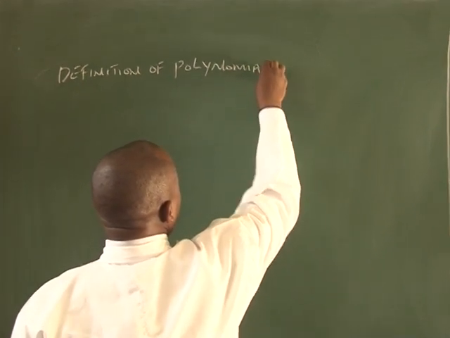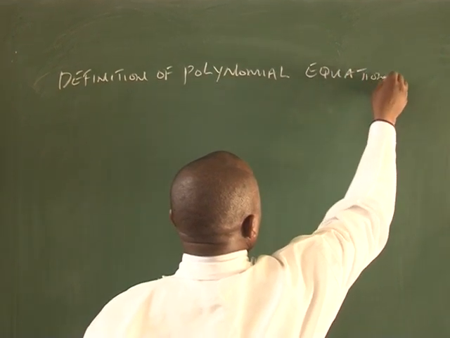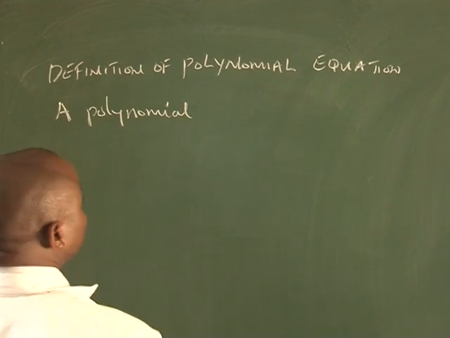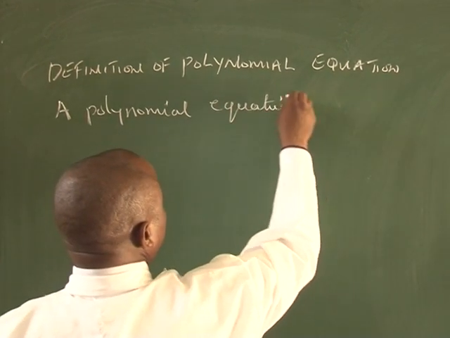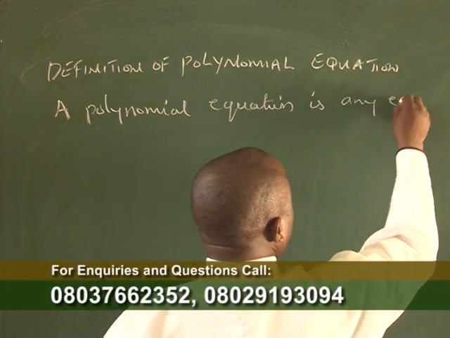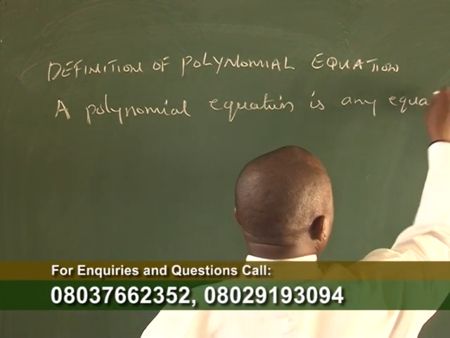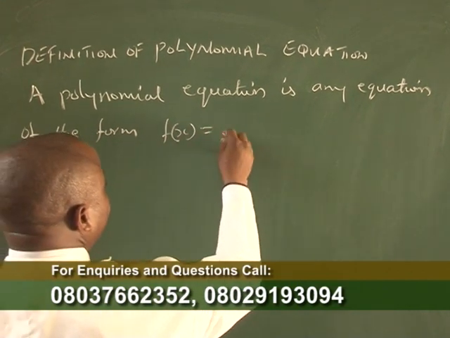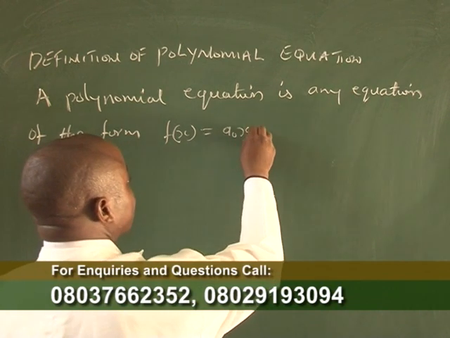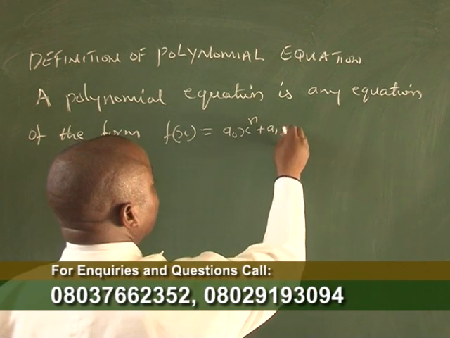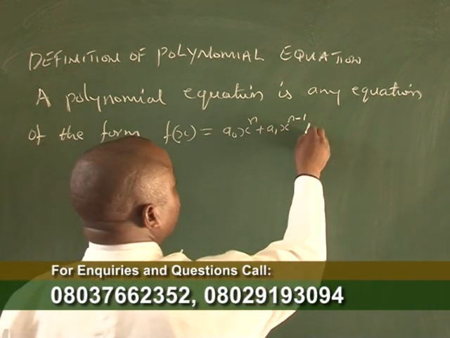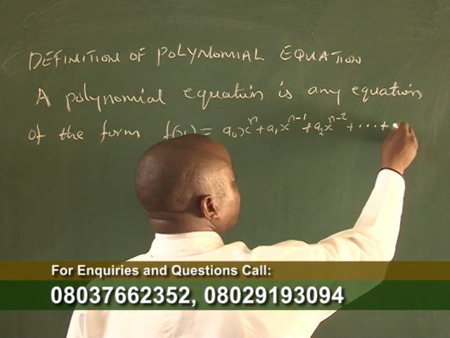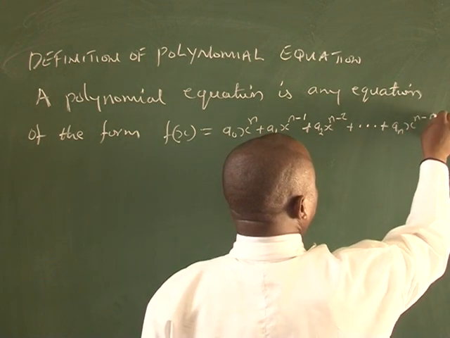polynomial equation. A polynomial equation is any equation of the form f of x equals a subscript 0 x raised to n plus a subscript 1 x raised to n minus 1 plus a subscript 2 x raised to n minus 2 plus a subscript n x raised to n minus n.